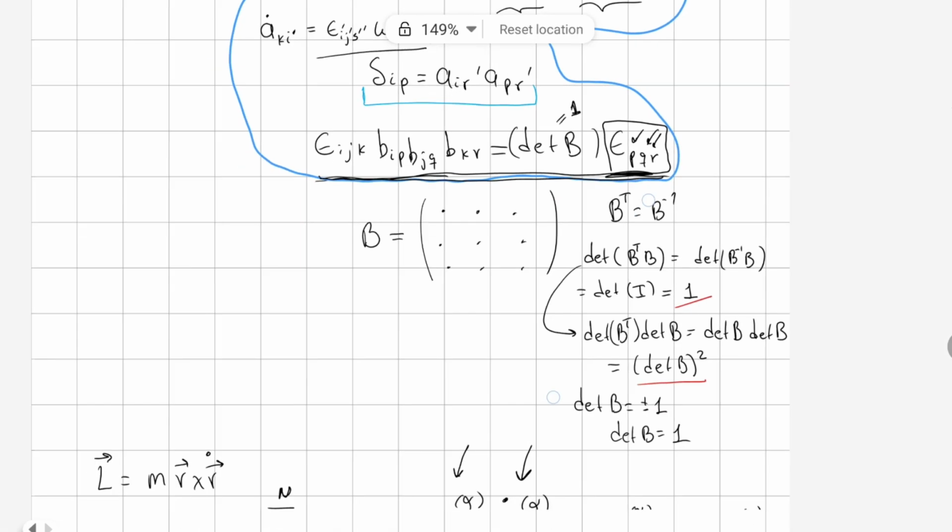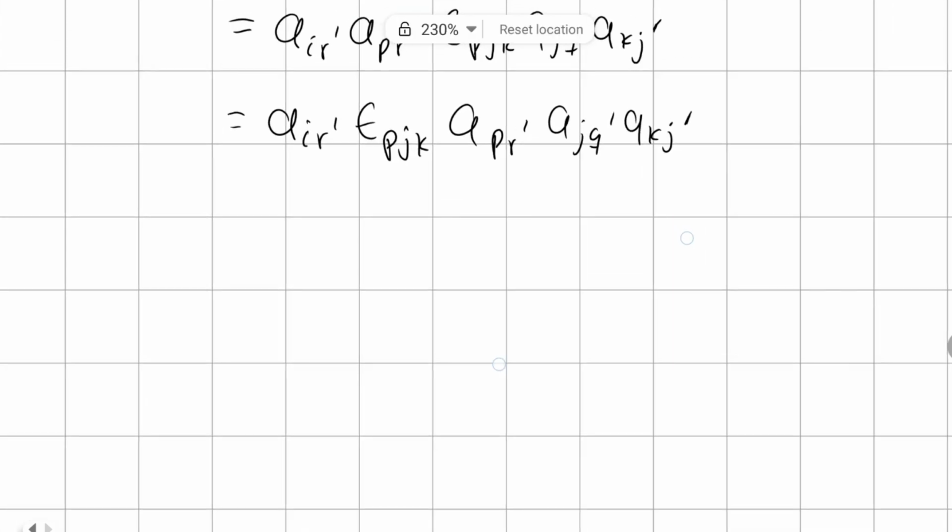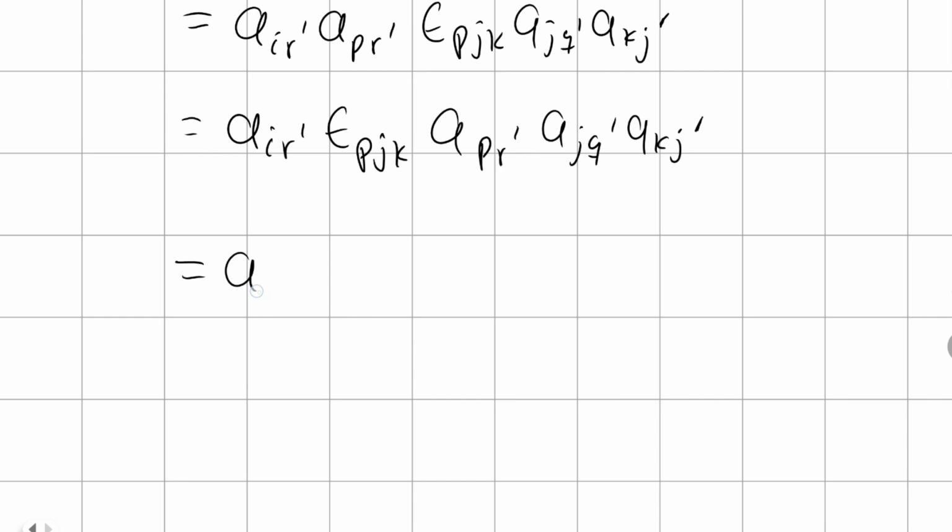So this can be seen as A_IR', the Levi-Civita symbol, but now instead of PJK, it will be RQJ, and these are primed, of course. Here it's important to notice that J is different from J prime, just so as not to get confused.